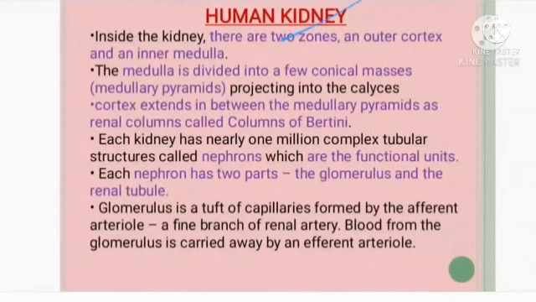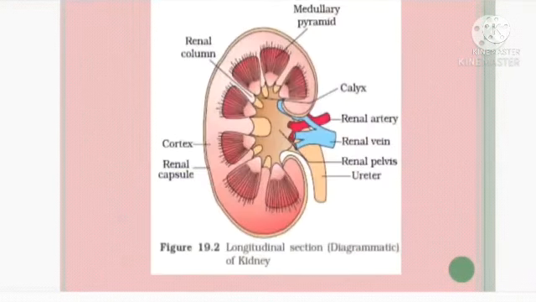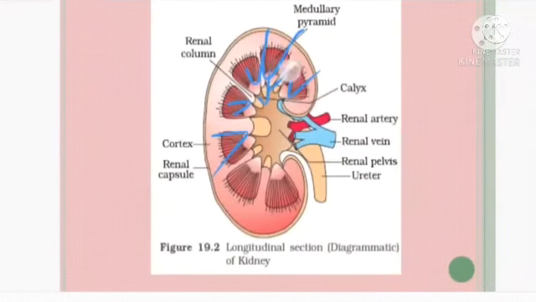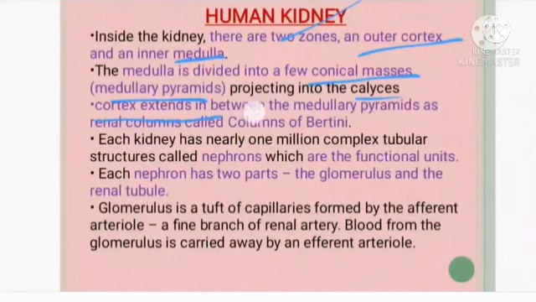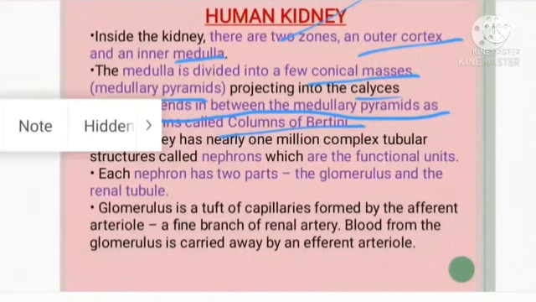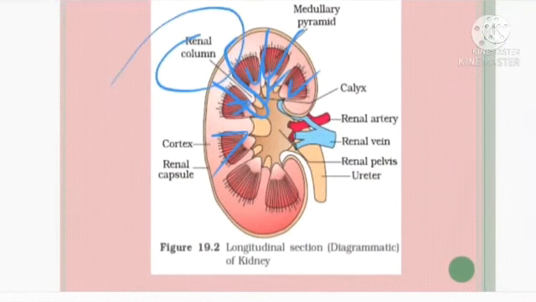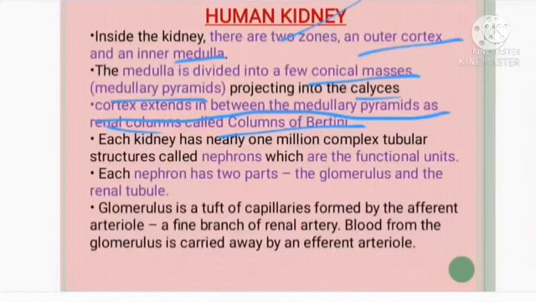Inside the kidney there are two zones: outer is the cortex, inner is the medulla. The medulla is divided into conical masses called medullary pyramids, projecting into the calyces. The cortex extends in between the medullary pyramids as the renal columns of Bertini, or columns of Bertini.